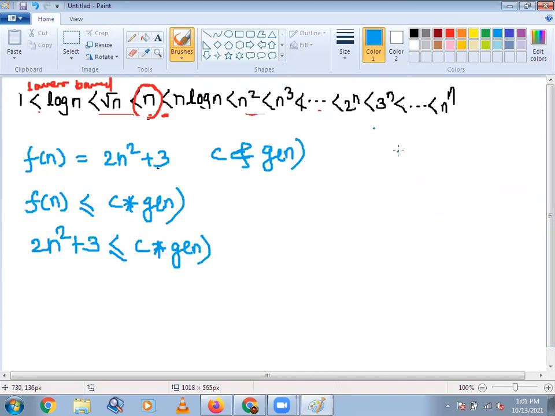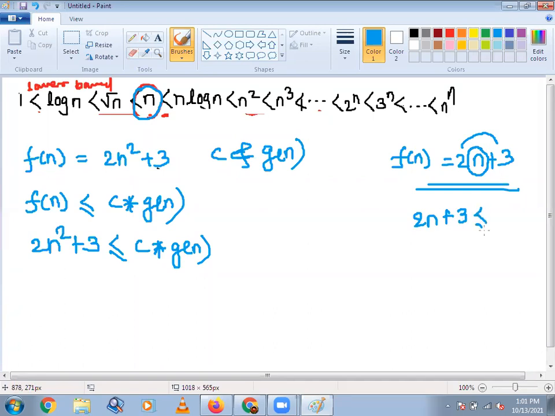In the previous example, we have taken f of n is equal to 2n plus 3. Keep in mind, here n is the average, and the addition of these two digits, we have taken 2n plus 3 is less than or equal to 5n.